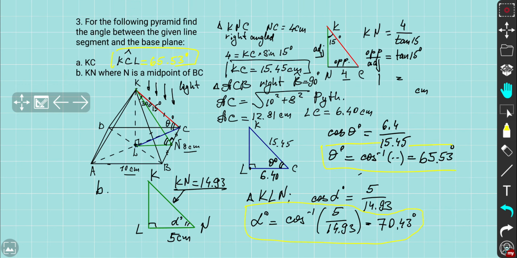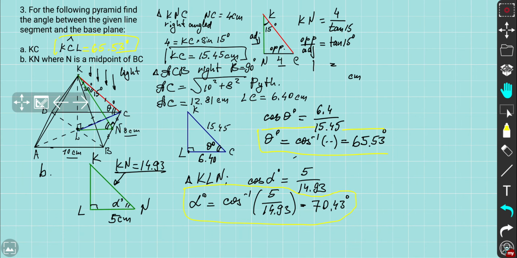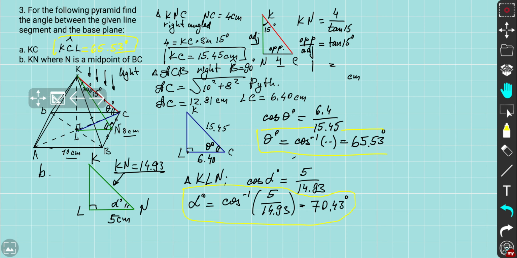Okay guys, that was the complete solution to that problem. So that's definitely a tricky one. It's not really rocket science, right? But for a GCSE student, it might be hard.